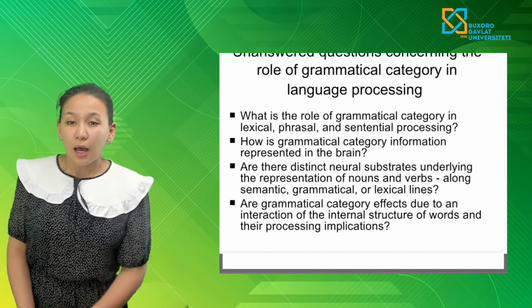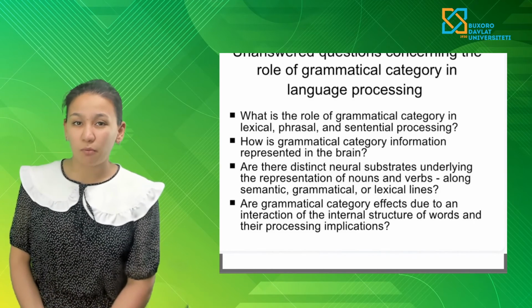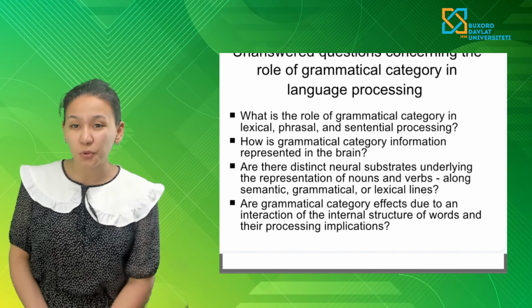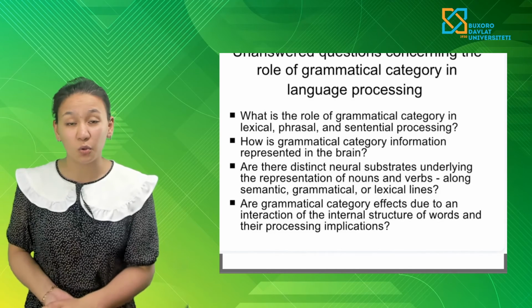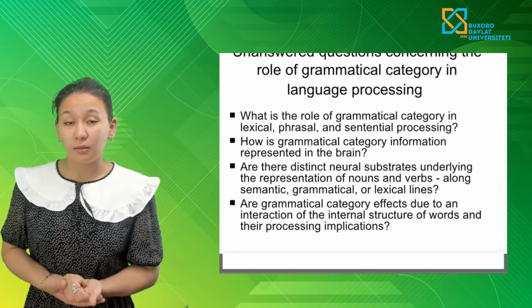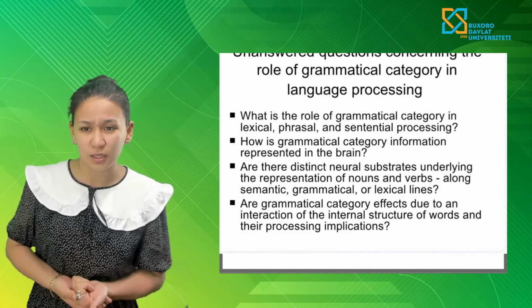Well, today we discussed grammatical forms and grammatical categories. There are some unanswered questions concerning the role of grammatical category in language processing. What is the role of grammatical category in lexical, phrasal, or syntactic processing?